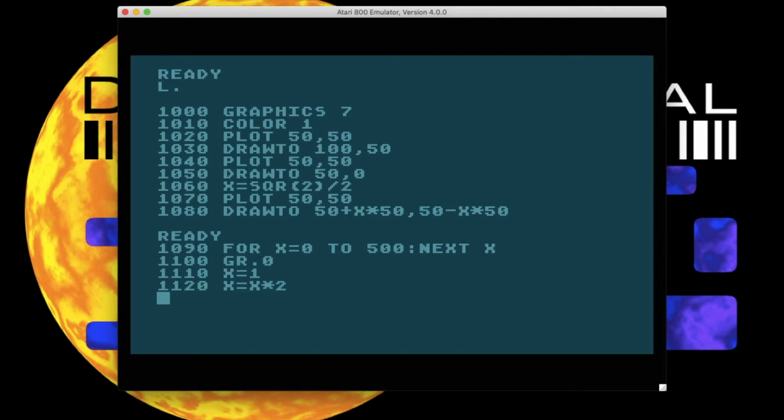So 1130, at 1130, if and we need another one, y equals x. Actually, we want to put that on a separate line.